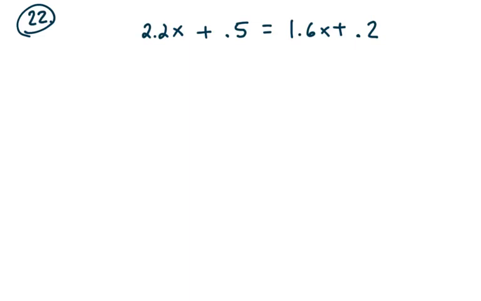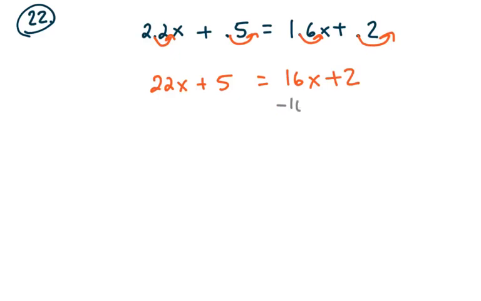Okay, so take a shot at 22. Hopefully everybody's taking a shot at 22, and what we want to realize is this one's nice because I just have to jump 1 spot for all of these, and I get 22x plus 5 equals 16x plus 2.